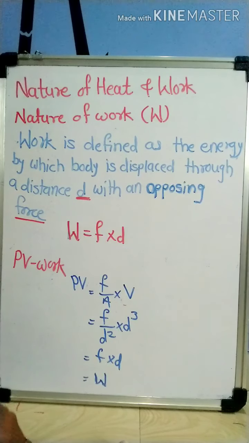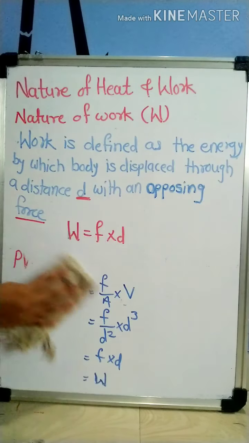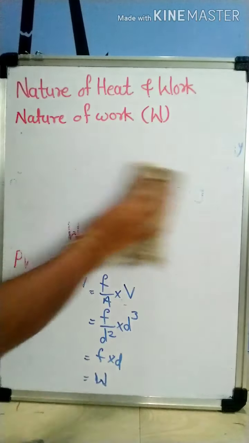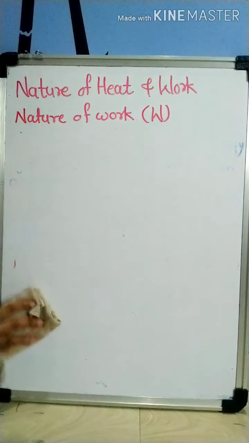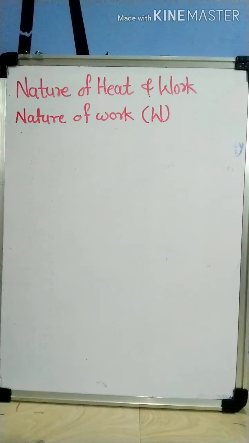Here we take an example to explore the pressure volume type of work. We take two examples. One is the expansion of a gas and the other is the compression of a gas.